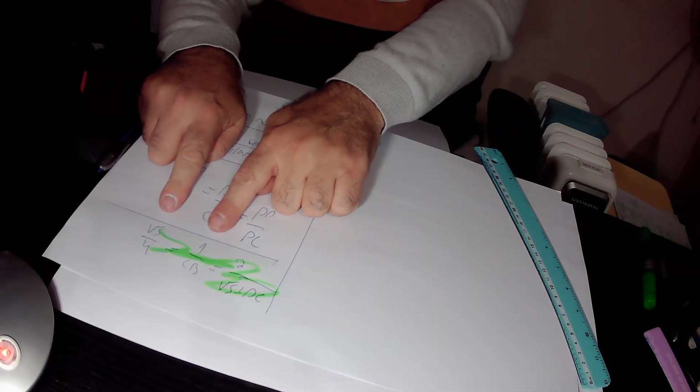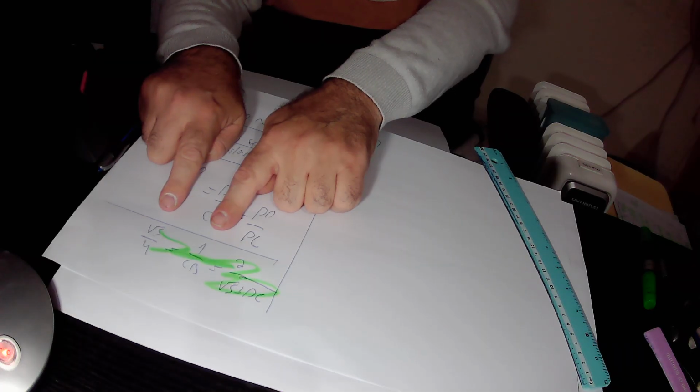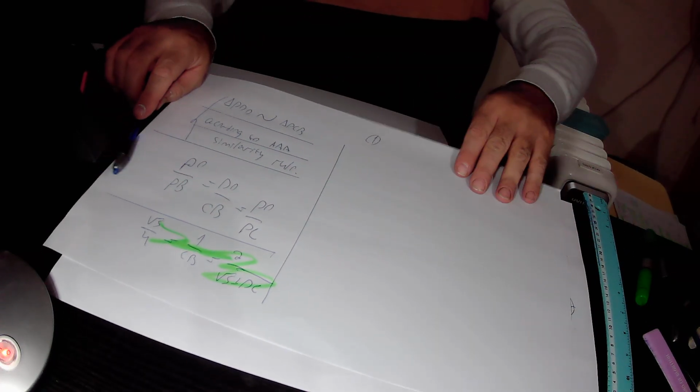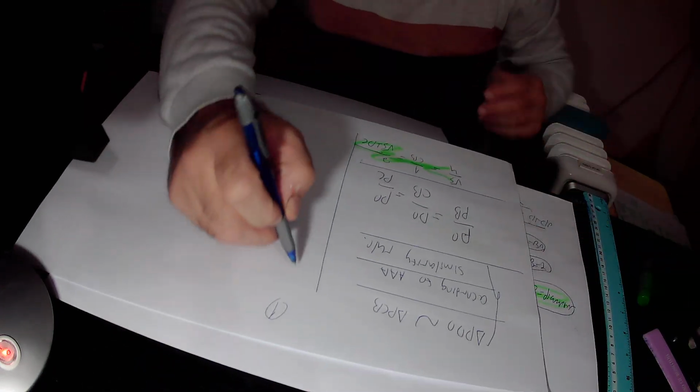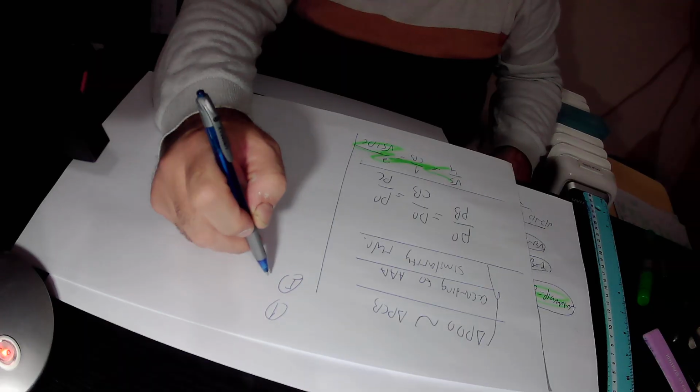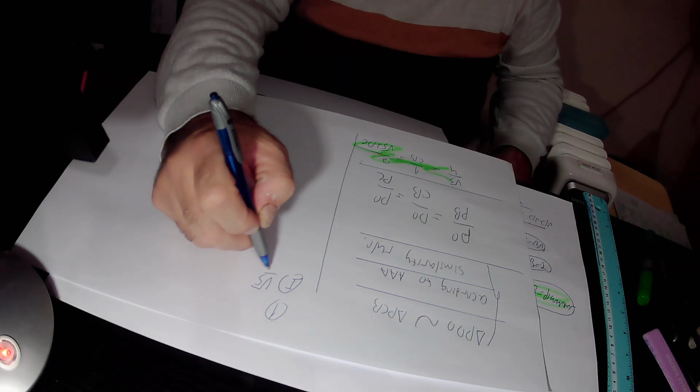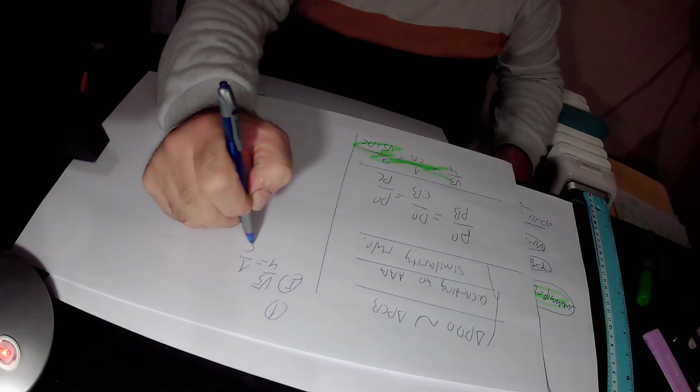Those two sides of the equation are equal to each other, so we get equation 1 from those two sides. According to equation 1, square root of 5 over 4 equals 1 over CB.